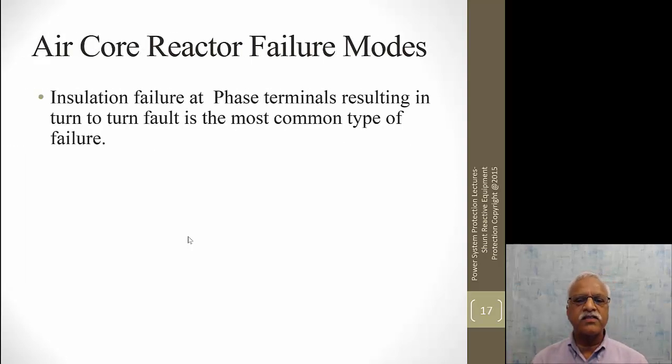Reactor failure modes: insulation failure at phase terminals is the most common type of failure mode of air core reactors, and turn-to-turn faults are the most common type of failure. I forgot to mention that air core reactors are now available at 345 kV also. They are stacked small low voltage reactors and then insulated up to the high voltage.